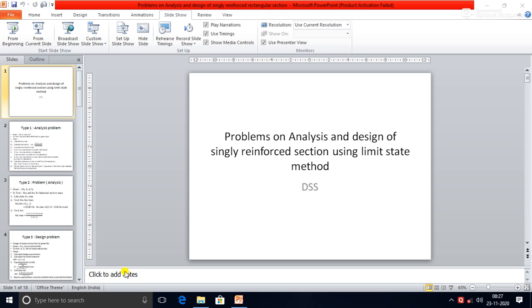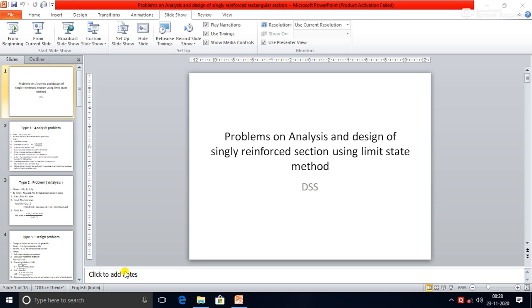But these sections are not allowed, so you can design such sections as balanced sections. And if Xu is greater than Xu max, then such sections are over-reinforced sections. That is, we must calculate these values of Xu and Xu limiting for getting the moment of resistance in a beam section.